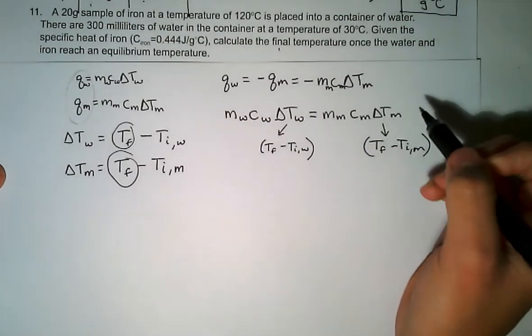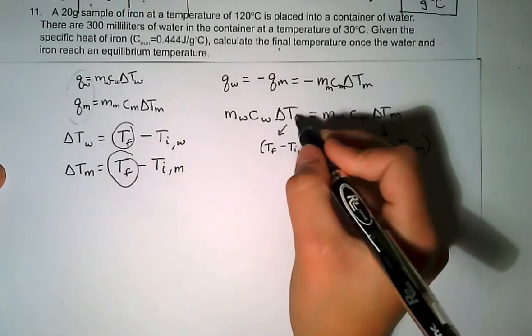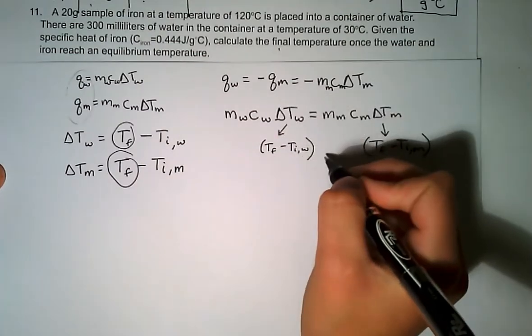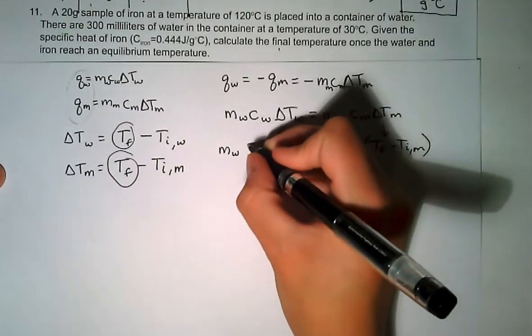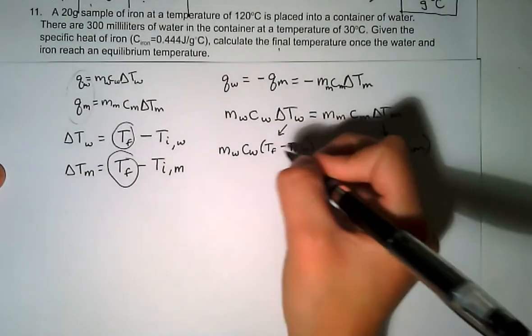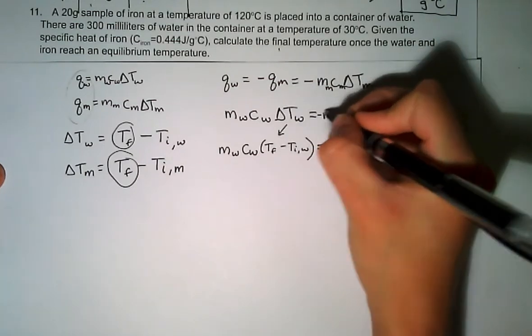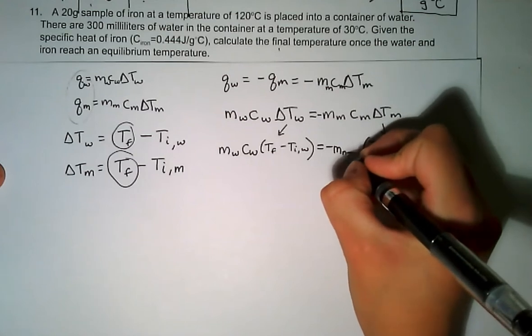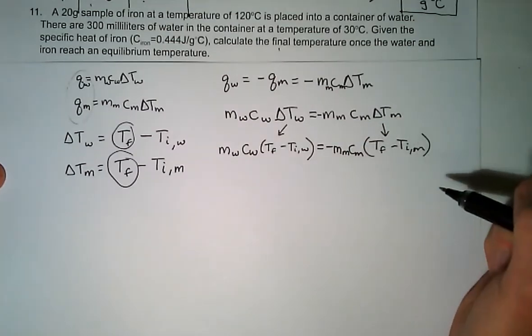So now I'm going to go ahead and bring down the rest of our equation. So delta T of the water I've expanded to T final minus T initial. So I have the water mass and the water specific heat times T final minus T initial of the water equals negative mass of the metal times C of the metal times T final minus T initial of the metal.